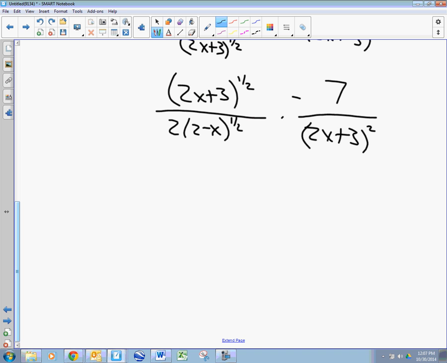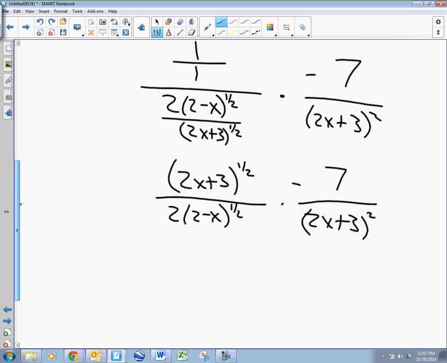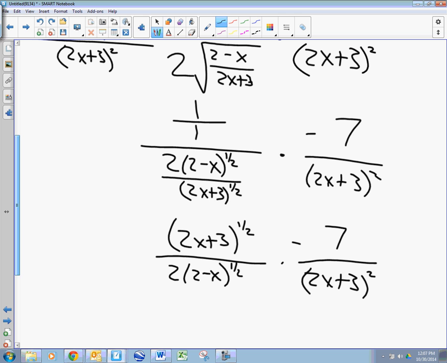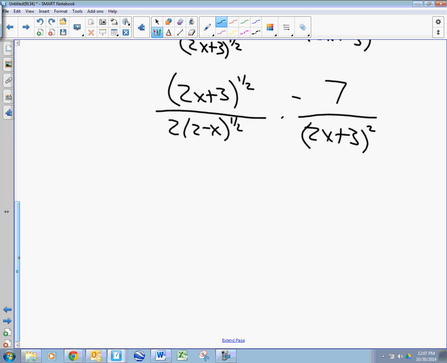I don't have a complete cancel, but because I multiplied by the reciprocal, 2x plus 3 and 2x plus 3, right? So what can you do to the exponents? Subtract. So what is 2 minus a half?